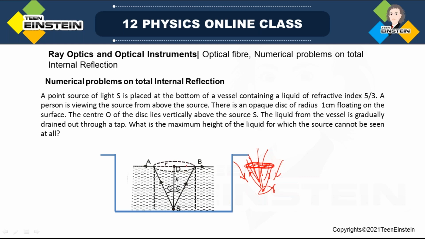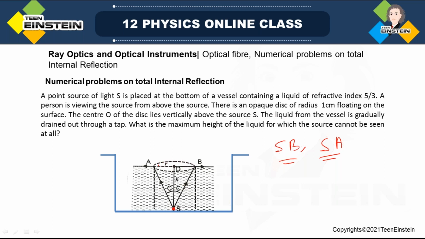Let us see from here first. If a light comes from here, I'll just take two representative light rays. One is coming through this line, SB, and another one is SA. These are two rays I'm taking for our discussion.